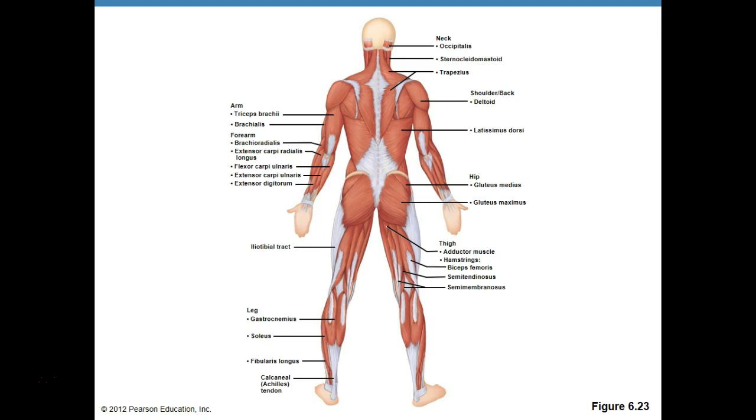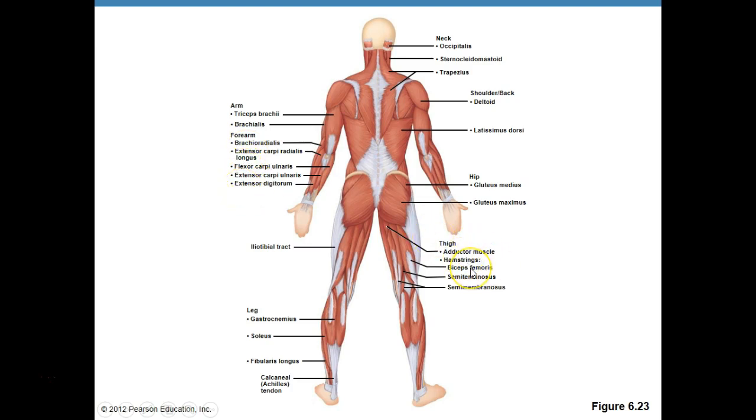Then these ones on the back side, you're going to be responsible for the majority of these, but you're not going to be responsible for all of these smaller muscles of the forearm, except for the brachioradialis.